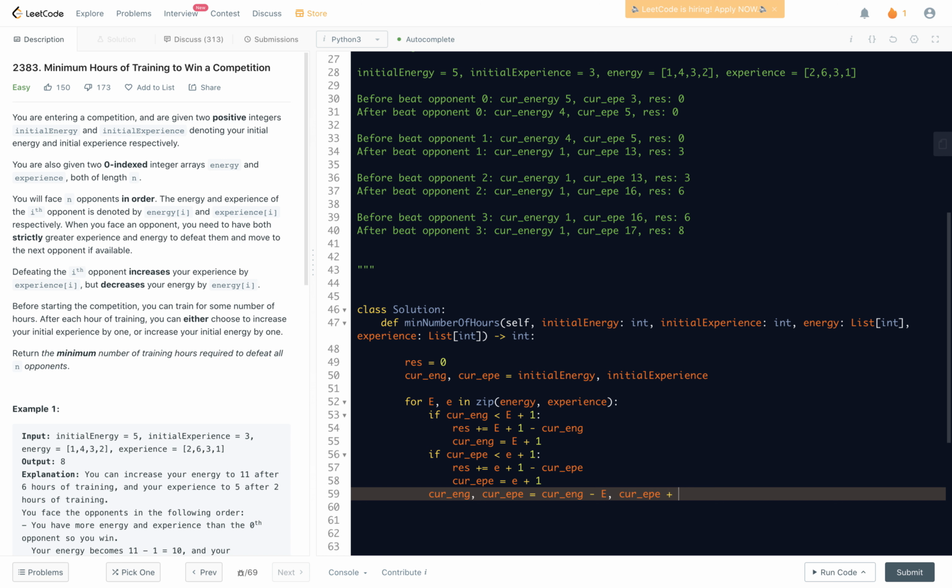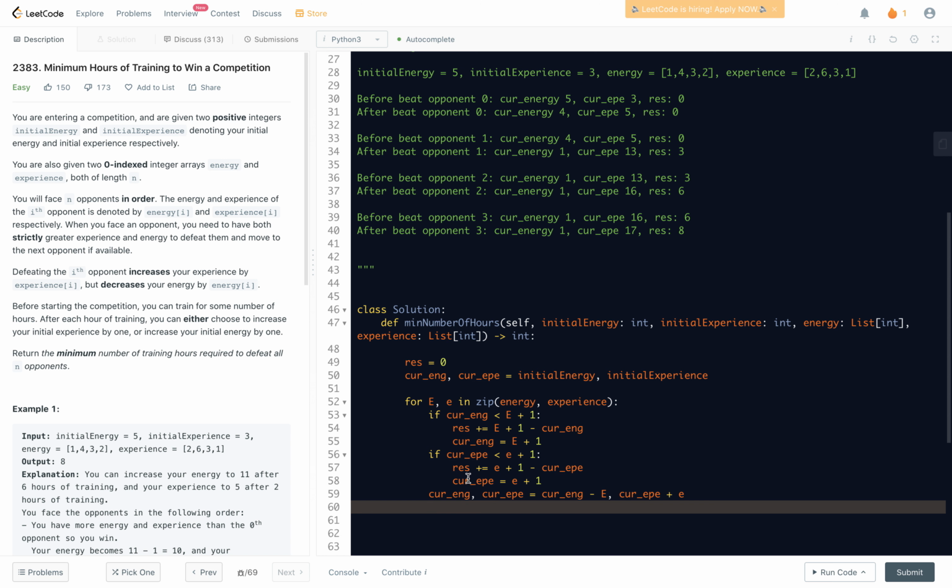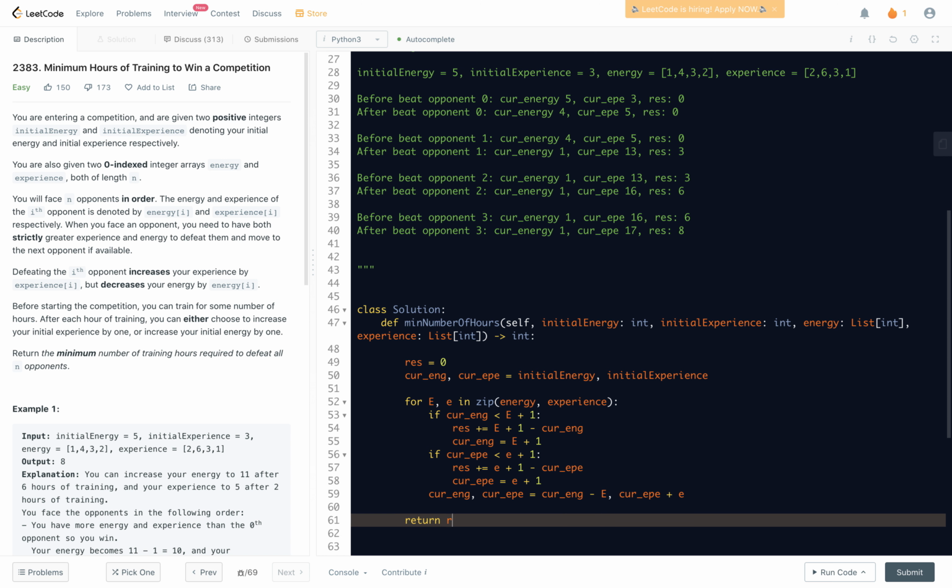The current energy is decremented by the energy of the opponent, and the current experience is incremented by the opponent experience, that is current experience plus e. Notice that this current energy and current experience might be reset after these 2 if condition checks. So that's it for the whole procedure.